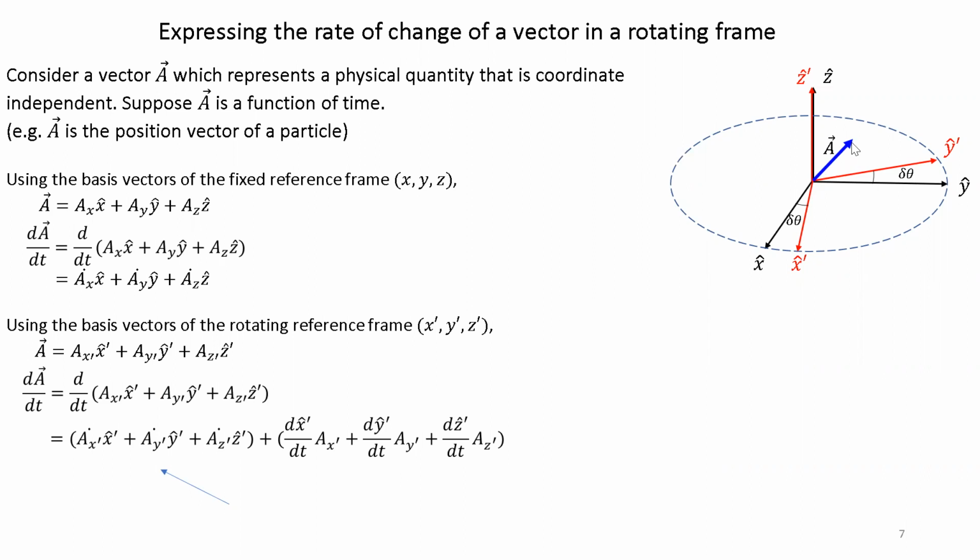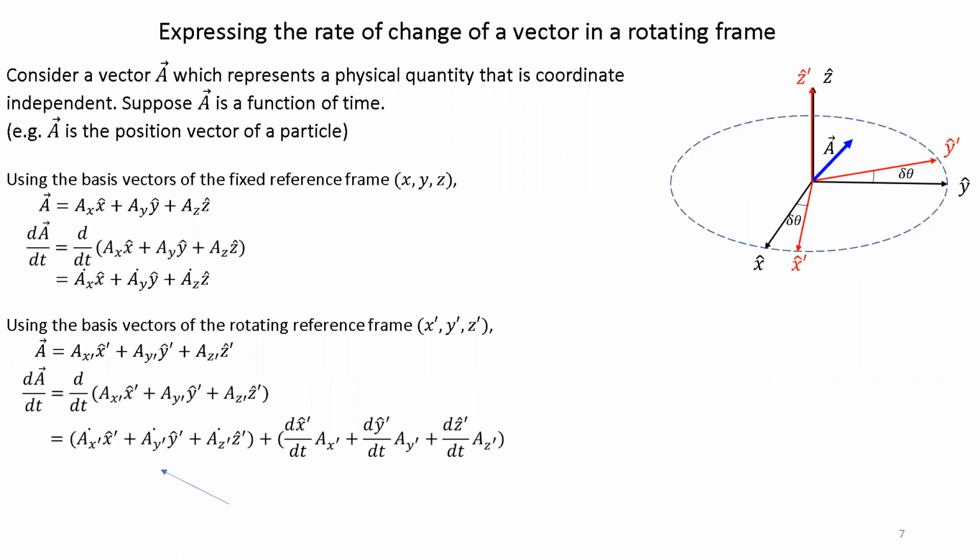And again, you can think of A as the position vector of a particle, or it can be another physical quantity. Now imagine the A vector itself is a function of time.